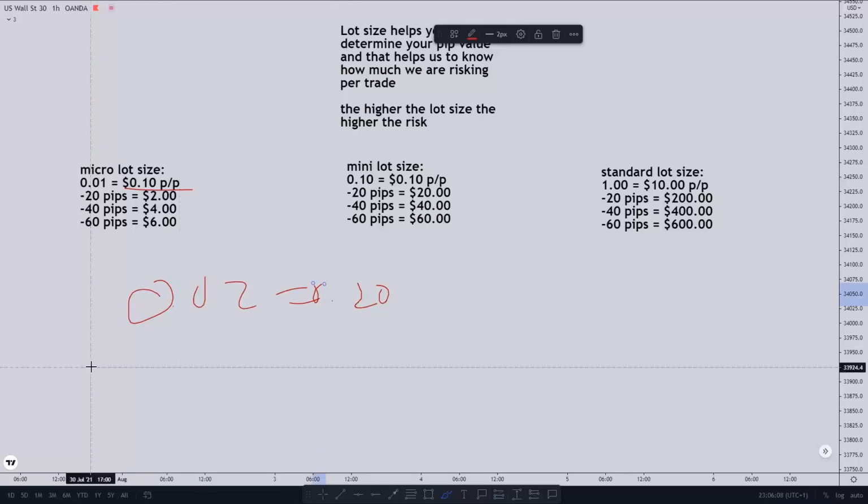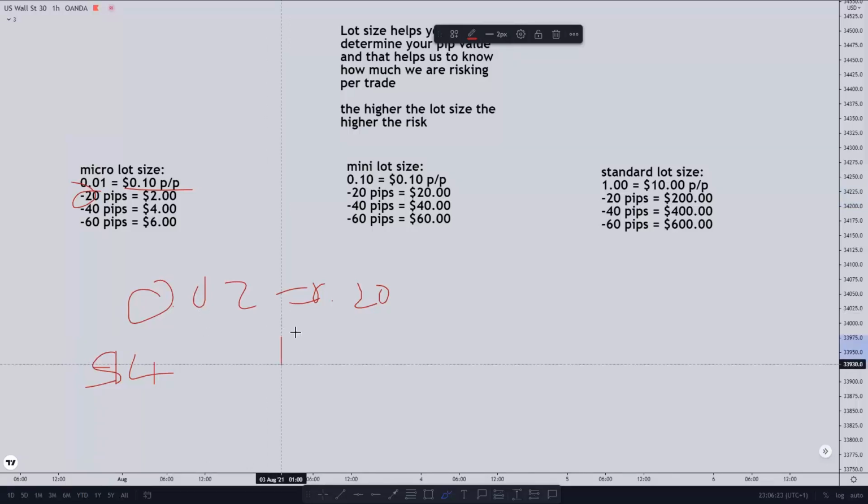And then that now is going to allow us to risk, let's say, $4 if our stop loss is 20 pips, right?